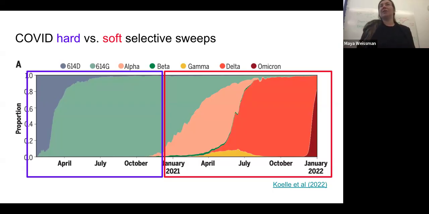I would say vaccines and increased selective pressures, a change in selective pressure, don't have to do with hard versus soft. Looking at this equation, what's going on? It could be the case that different loci are involved.